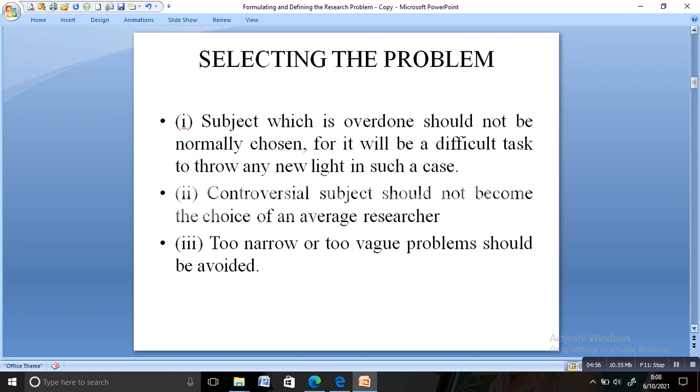First, you should not take a subject which is overdone. Second, a controversial subject should not be taken by an average researcher, and you should not take too narrow or too vague problems.